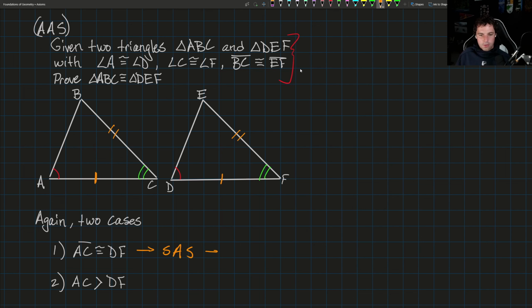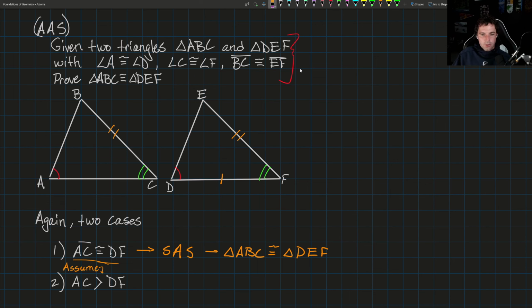And then this means that triangle ABC is congruent to triangle DEF, and our statement is true. The other way we could do this is let them not be equal. Okay, so we're going to assume this isn't the case, and we're going to try and prove something else. And then hopefully we get a contradiction, right?